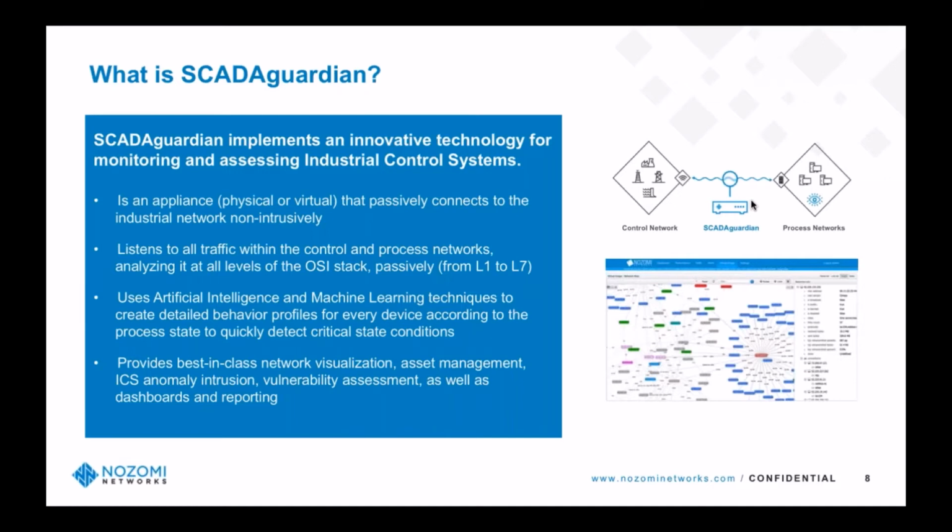If you think of ISA 99 or the Purdue model, that could put the perspective of layer 1 to layer 7. So the visibility of this solution is quite vast, from end nodes all the way up to an enterprise integration within a corporate network.